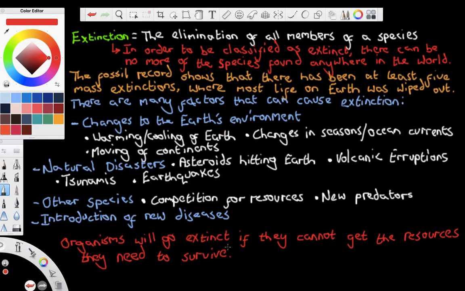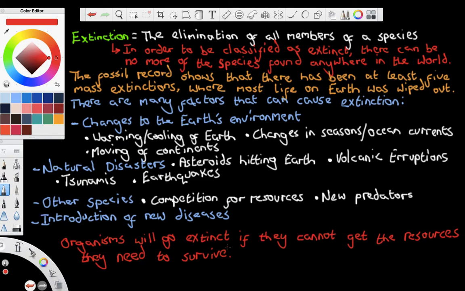Okay, so extinction is the elimination of all members of a species. In order to be classified as extinct, there can be no more of the species found anywhere in the world. The fossil record shows us that there has been at least 5 mass extinctions where most life on Earth was wiped out. There are many factors that can cause extinction: changes to the Earth's environment, such as warming or cooling of the Earth, changes in the seasons or ocean currents, and the moving of continents.